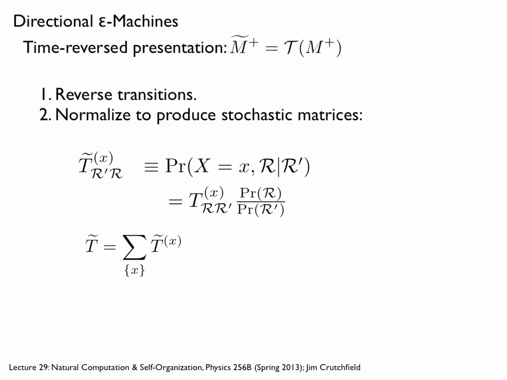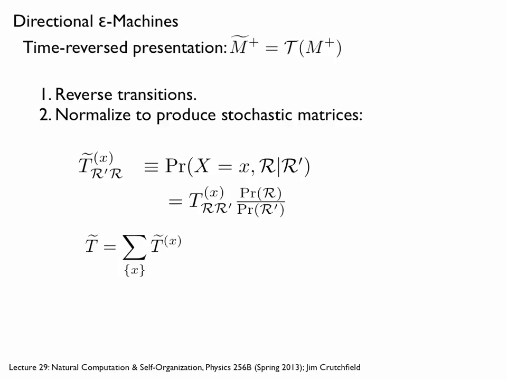So the trick to constructing a stochastic process for the reverse direction is to form this guy here. So tilde, or hat here, I should say tilde, is the transition matrix for the reverse process. So in forward time we go from state R to R prime, and we want to form essentially the transpose, but with one normalization. This is the probability that I started in the forward presentation in the next state and coming back to the previous state, seeing a symbol.